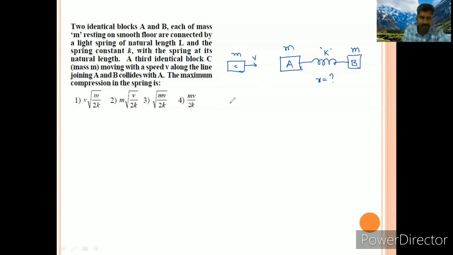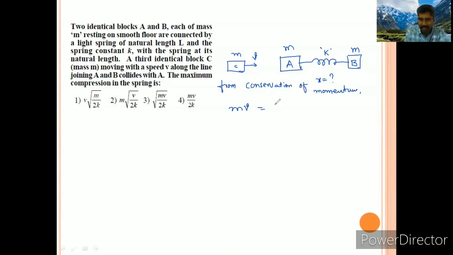Now, using conservation of momentum, this is before the collision, and after we can consider. So I will write conservation of momentum. Before: mv, after I will write with this velocity small v.